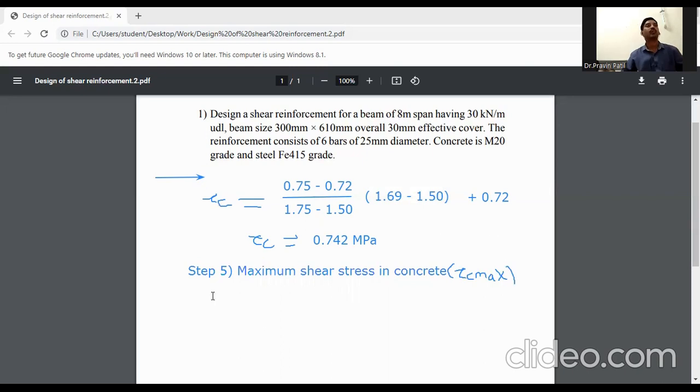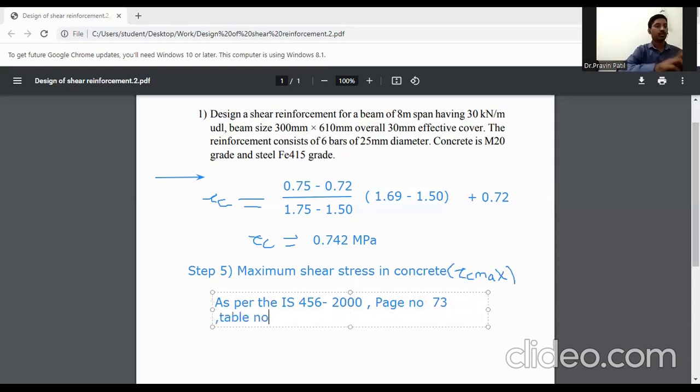As per IS 456 2000, page number 73, table number 20. This value is given in table number 20, page number 73, and it depends upon the grade of concrete.